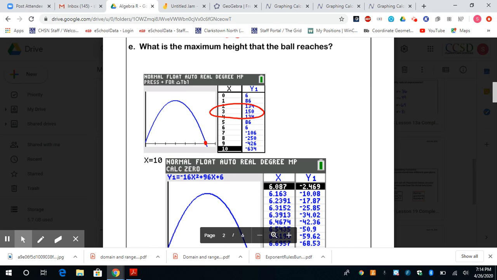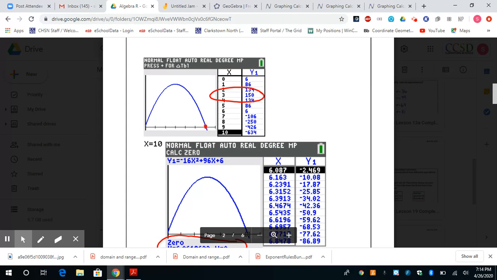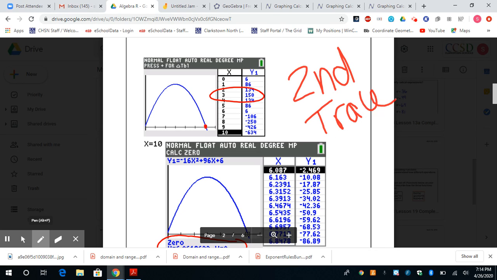We answered what's the max height, and again on your calculator you can see we've talked about how to find max and min. If you go on your graphing calculator, so let's say you don't want to use GeoGebra, you want to use your calculator, you can hit the second button and then hit trace or calc, whatever you see on your calculator, it's up top, and you'll see this list.